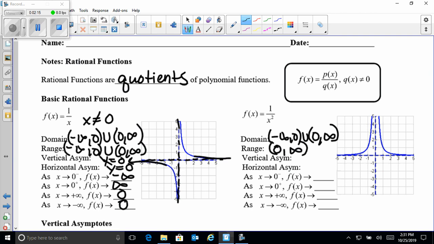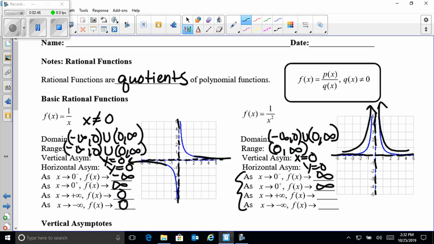We do have a vertical asymptote at x equals 0, and we have a horizontal at y equals 0. Now what's mainly different here is as x approaches 0 from the left, our function goes to infinity. And as x approaches 0 from the right, we also go to infinity. So these are going up, up.